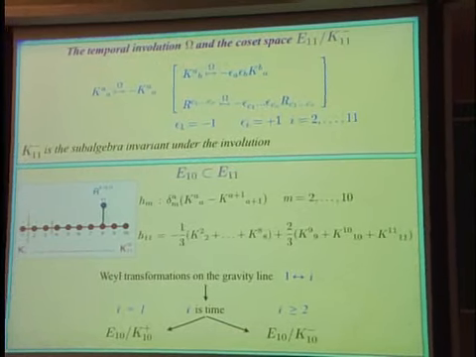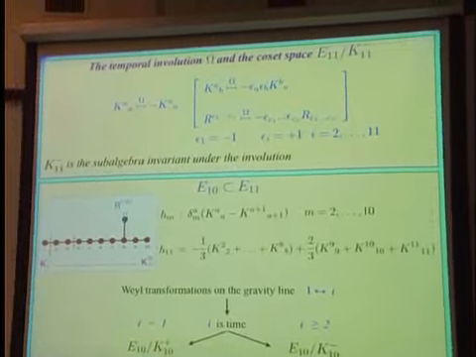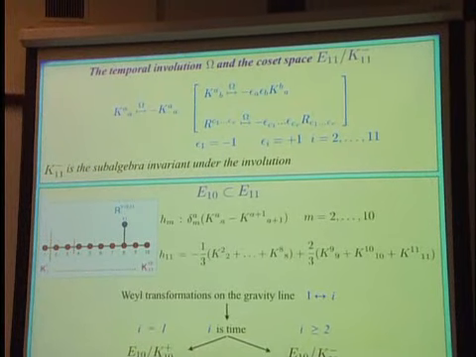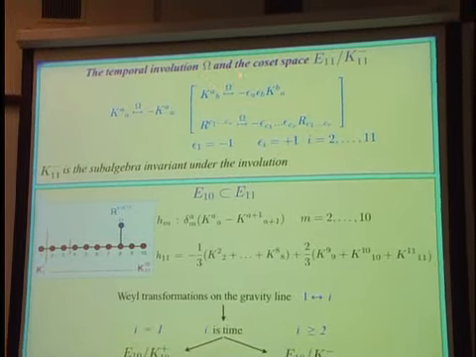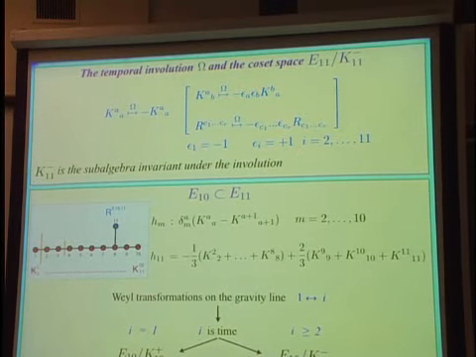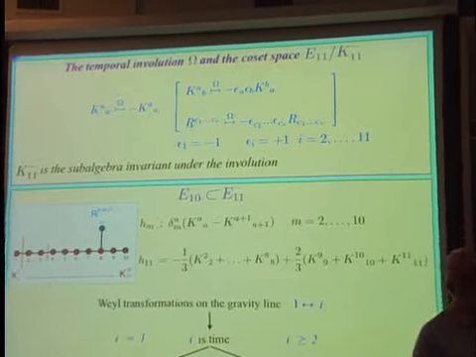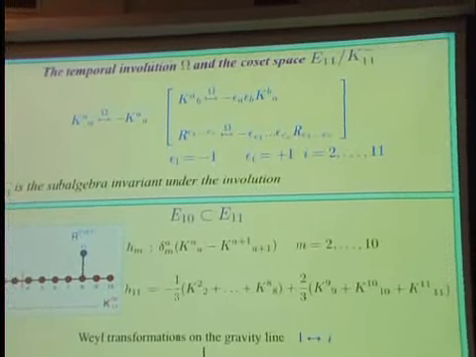But here, because we have a time in the problem, we want to take that into account, and we take a more general involution, which is that we multiply these things by some epsilons, which are +1 if the label here is supposed to label a space index, and -1 if it's a time index.